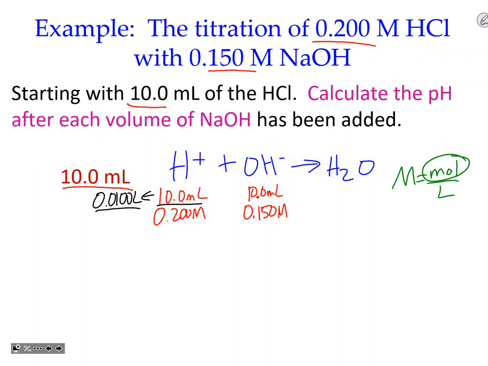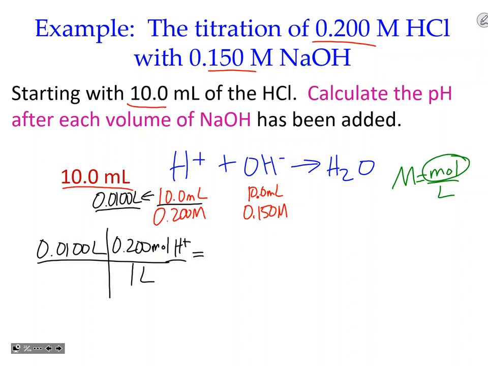Divide by 1,000. So we end up with 0.0100 liters, and I have 0.200 moles for 1 liter of H plus. That's going to give me 0.00200 moles H plus.